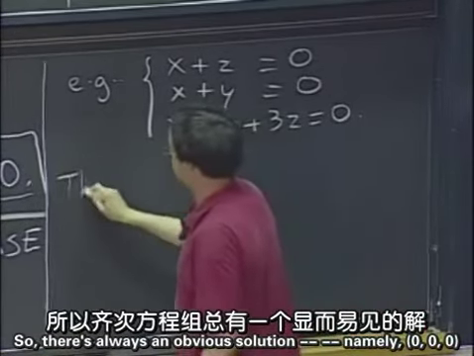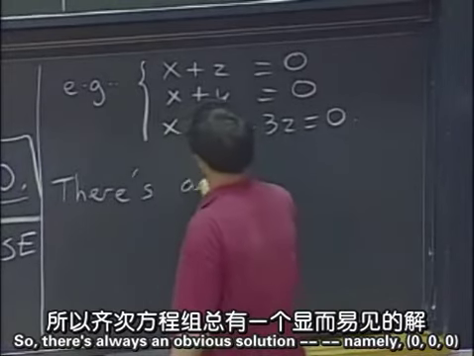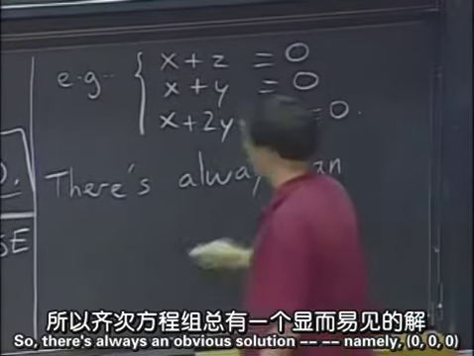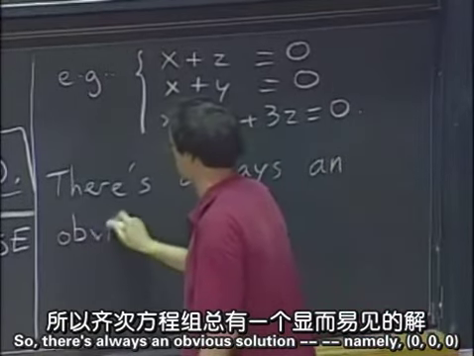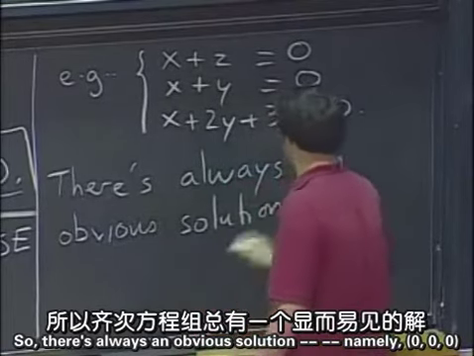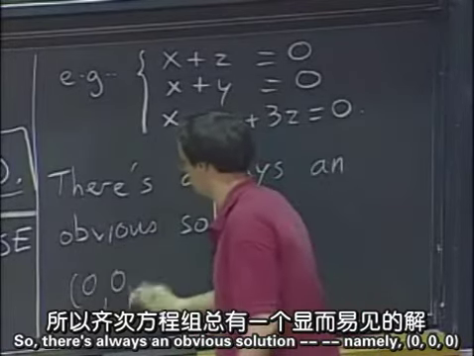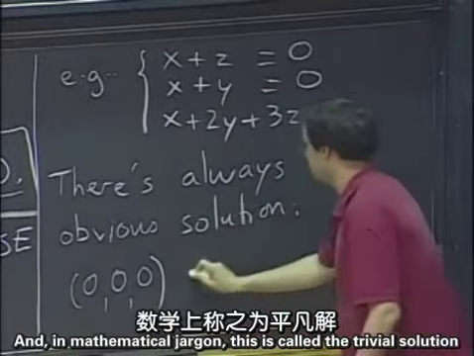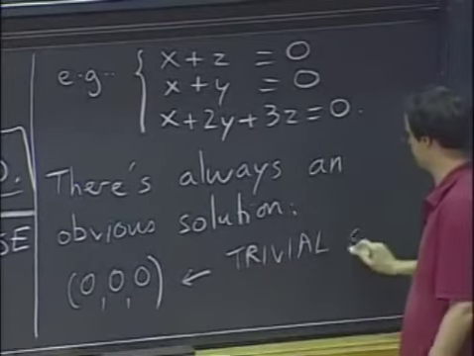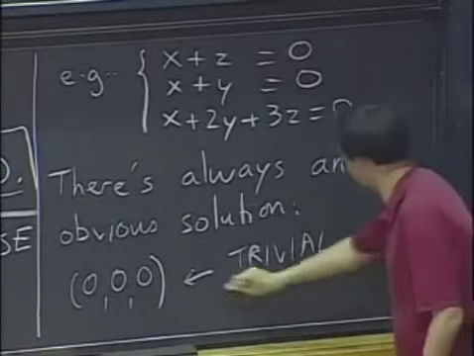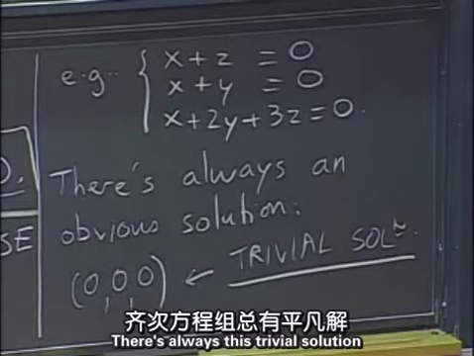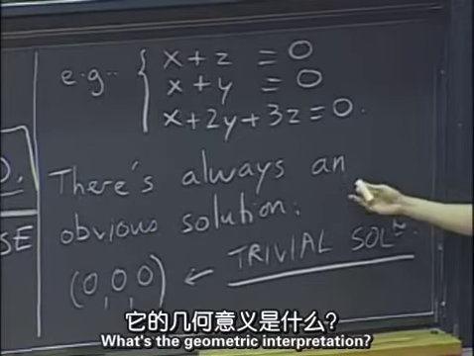So there's always an obvious solution, namely 0, 0, 0. And in mathematical jargon, this is called the trivial solution. Okay? So there's always this trivial solution. And what's the geometric interpretation?